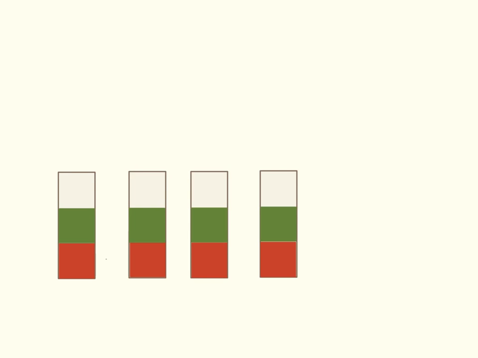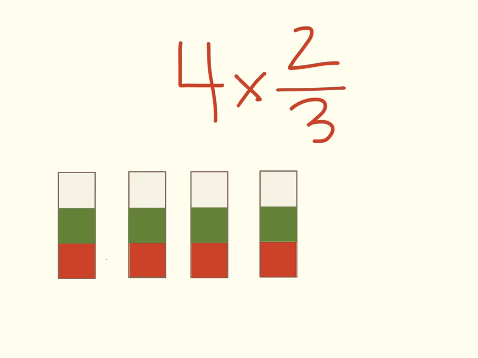Students can take this understanding further than unit fractions. So now we have another visual model. This time we have 4 times 2/3. We have 4 wholes, 2/3 of each whole is shaded. 4 groups with 2/3 in each group.